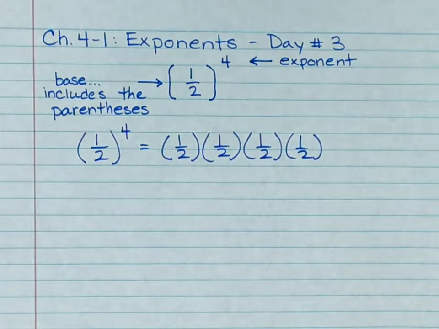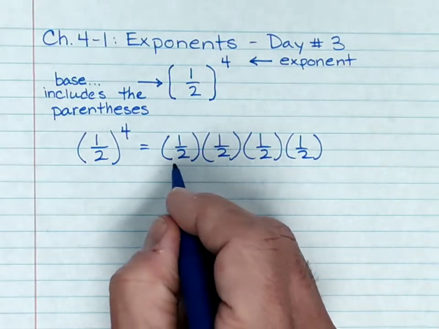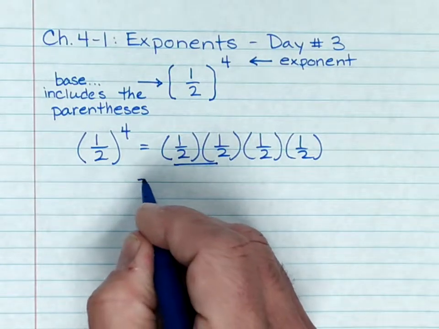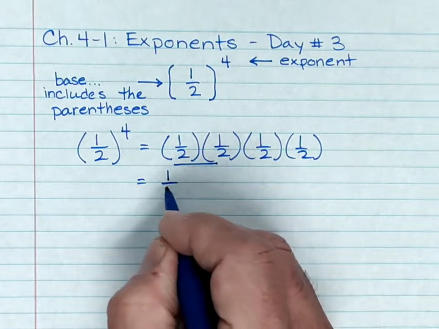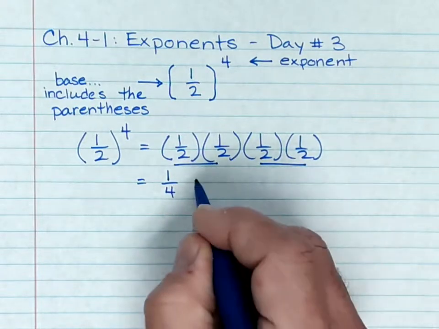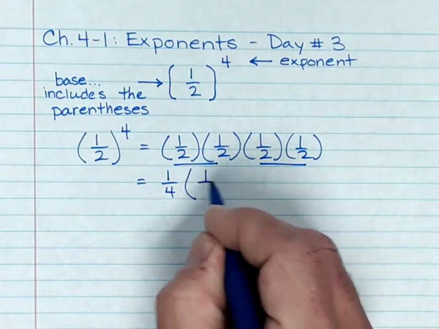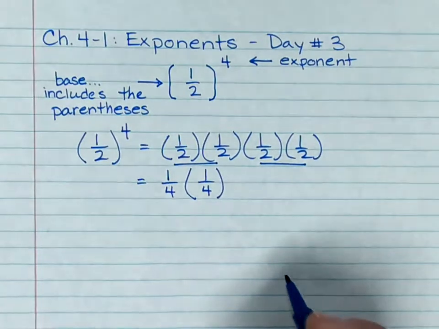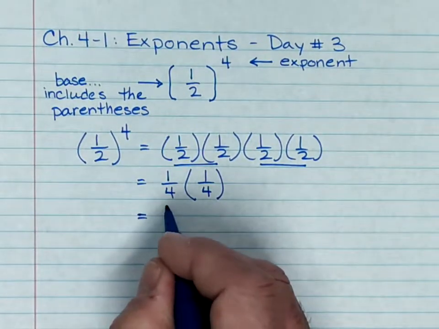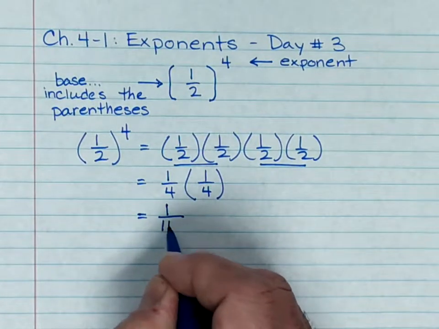And I would still multiply in pairs. Half times half is 1/4. Half times half is 1/4. And then 1/4 times 1/4 is 1/16.